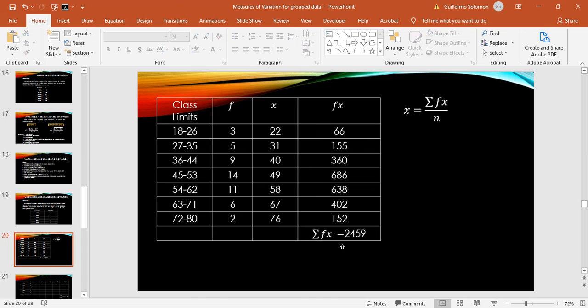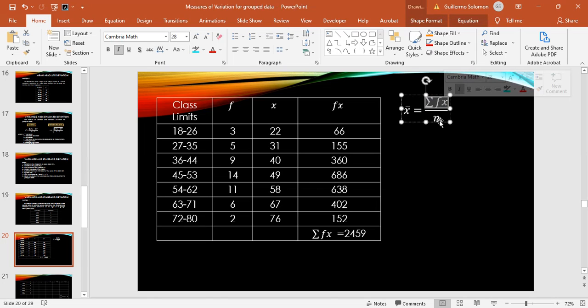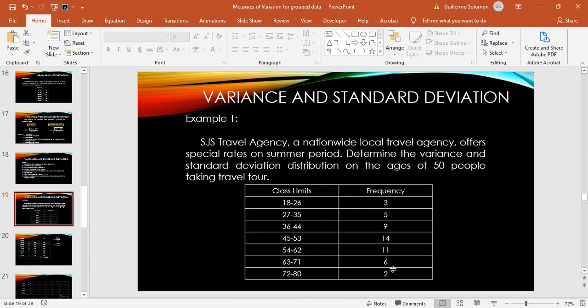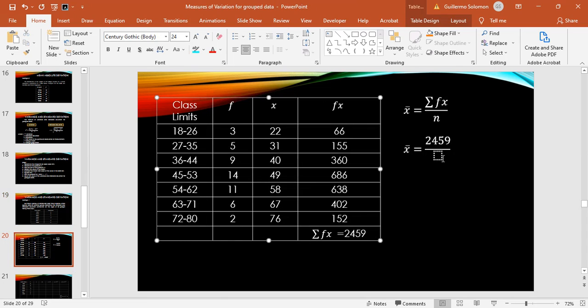Okay, now let us substitute to our formula for getting the mean for group data. Okay, sa mean pa lang tayo. So mean is 2,459 all over how many yung sample. Okay, so kunin muna natin frequency, no?